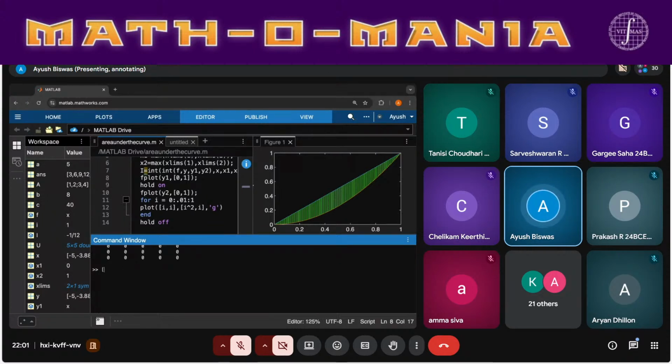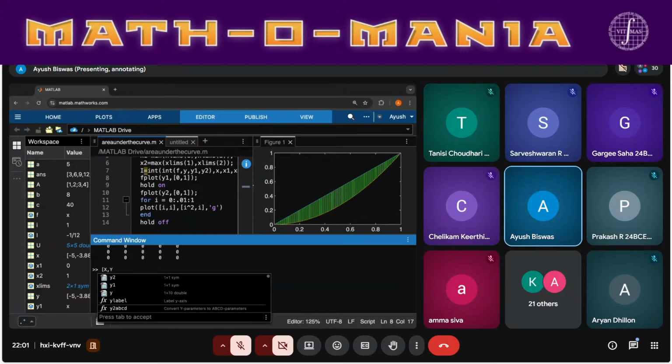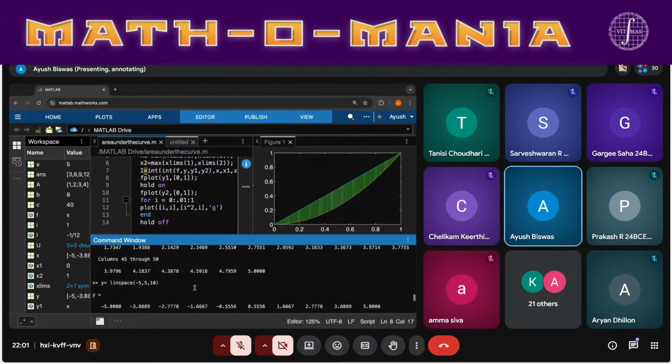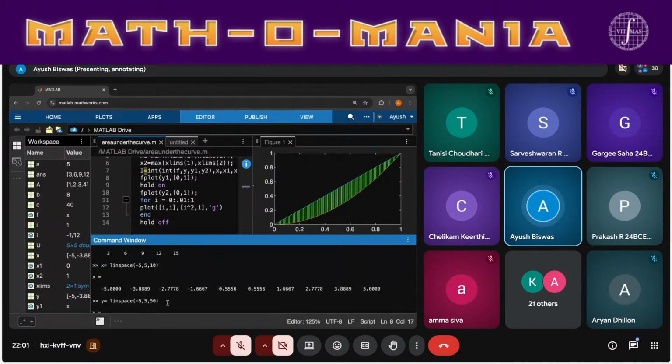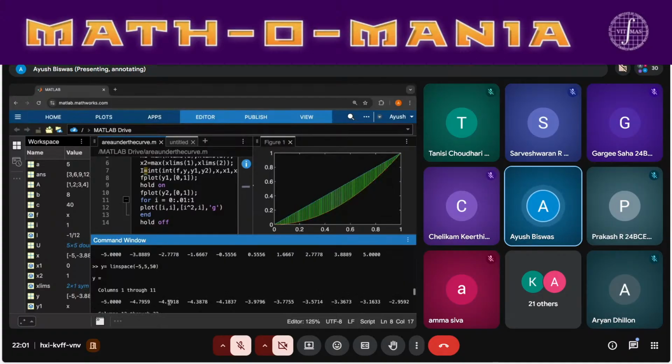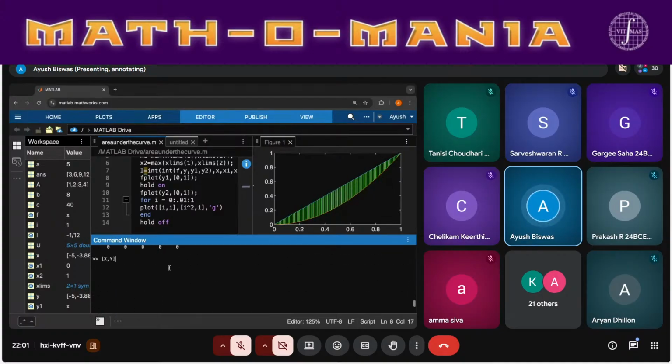Let's move on to the next important point. Using linspace, we had created linear spaces, so basically 1D vectors, but let's say we wanted a 2D grid. We can basically just combine X and Y to create a 2D grid.